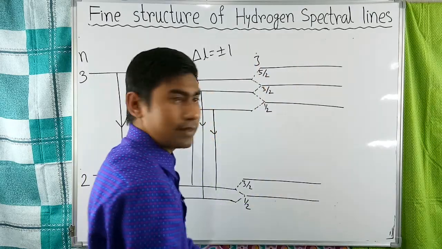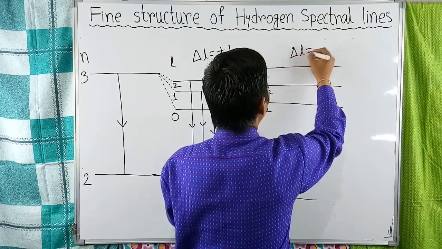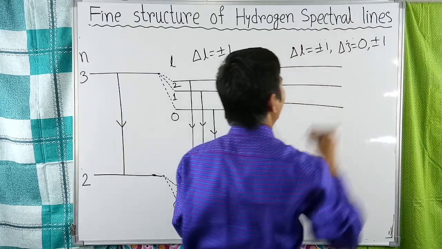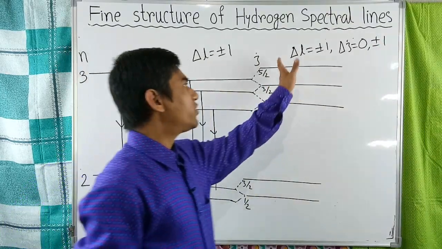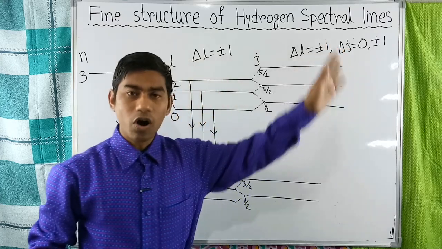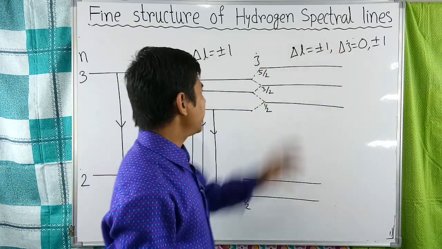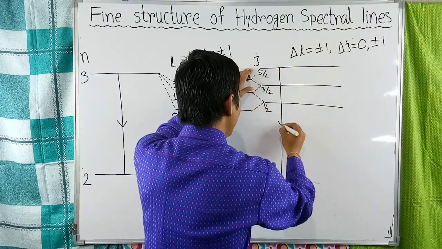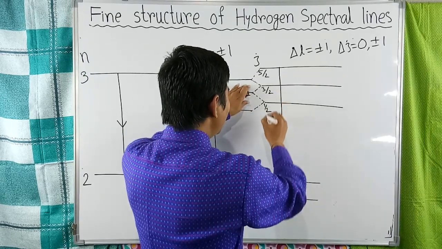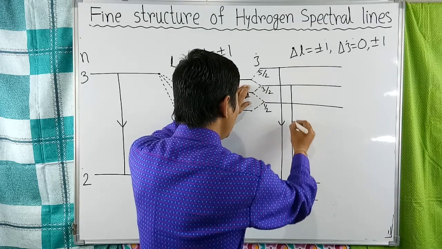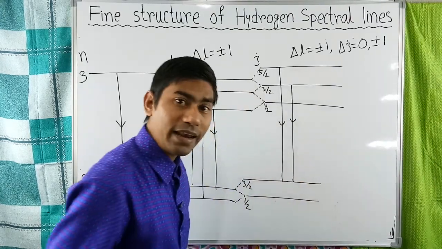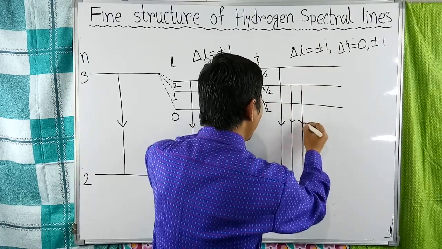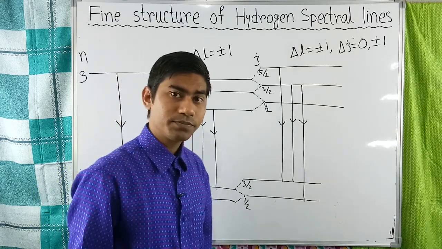Now here the selection rules are delta L equals plus or minus 1 and delta J equals 0 or plus or minus 1. That is, the transitions which satisfy these selection rules will actually occur. Here a transition occurs from the J equals 5/2 level to the J equals 3/2 level.